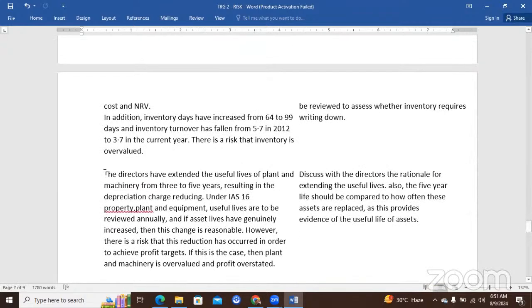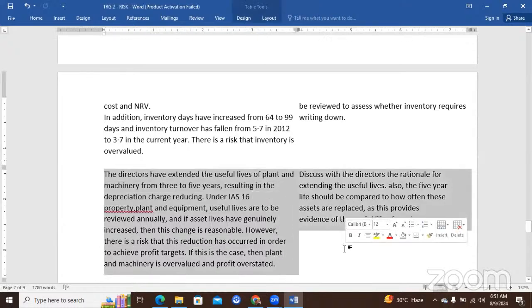See, the directors have extended the useful life of plant and machinery from 3 years to 5 years, resulting in the depreciation charge reducing. Under IAS 16 Property, Plant and Equipment, useful lives are to be reviewed annually. And if the asset lives have genuinely increased, then this change is reasonable.